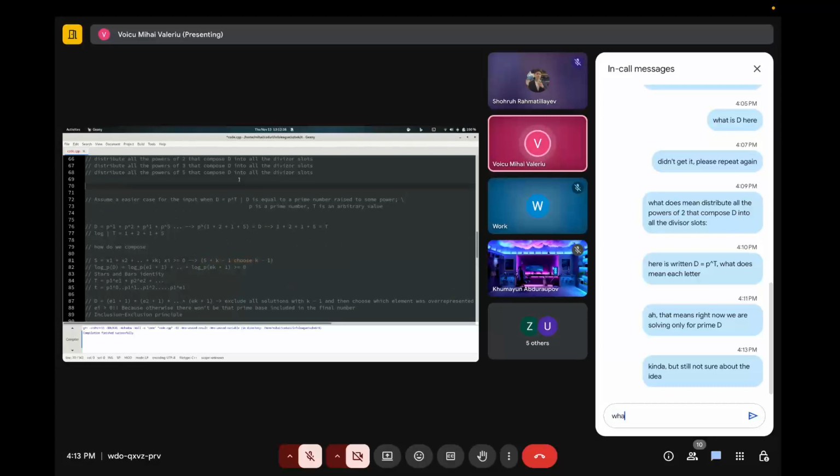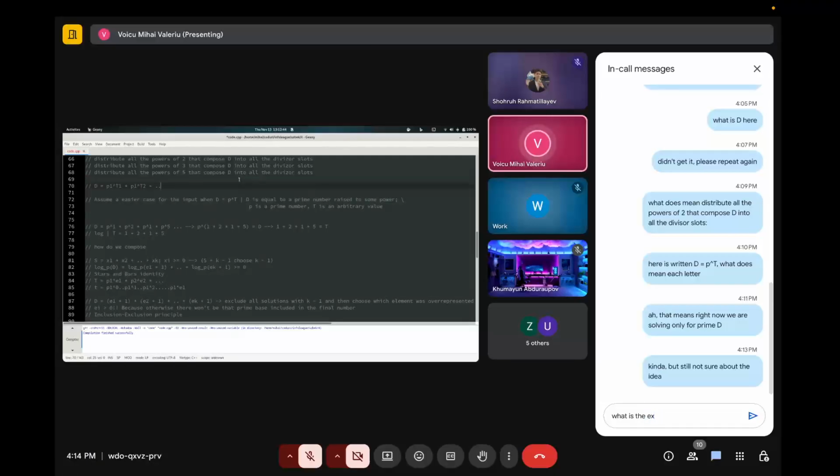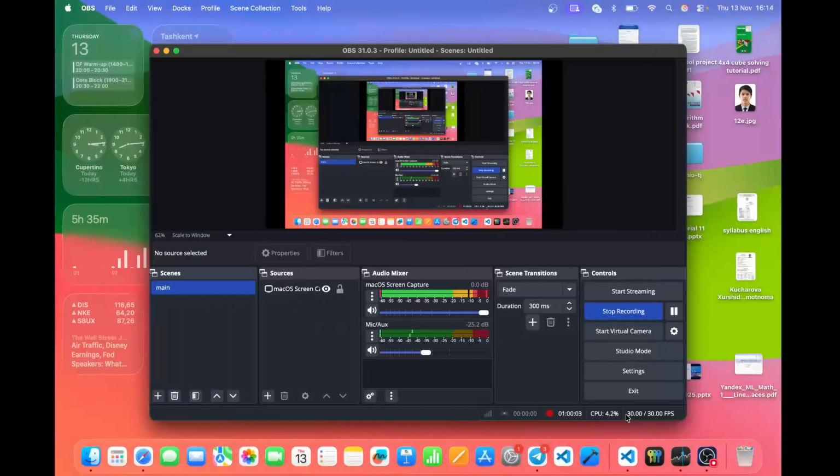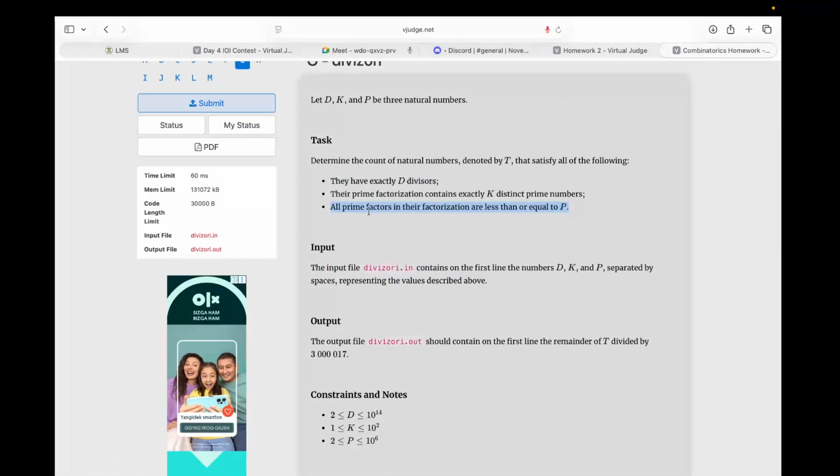Now, in the case when D is equal to P1 to the T1 times P2 to the T2 times and so on, we can apply the exact same reasoning, only that we distribute all these powers of P1 to each divisor.